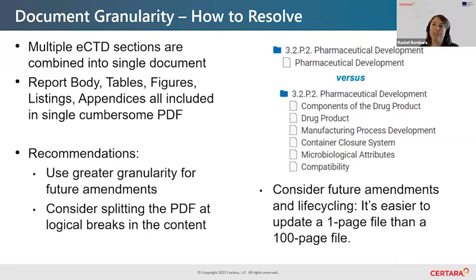And with items such as a large report and appendices and TLFs, try to consider splitting at logical breaks. So for example, if you have a file that's way over the megabyte limit, instead of trying to split at say every 100 pages, think, would separating the appendices from the report body work, separating out some of the listings, would that work? To make it more logical of what's contained in each file.